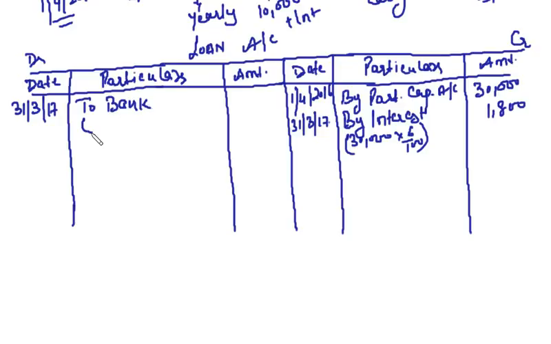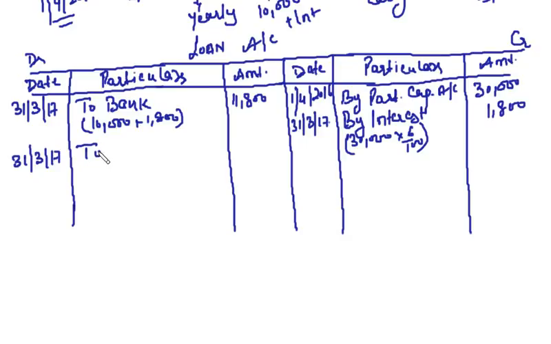What will be the amount? What is the installment? 10,000. Why? Because this 30,000 is to be paid in 3 installments. Clear? Plus this yearly interest of 1800. So what is the total amount payable? 11,800.